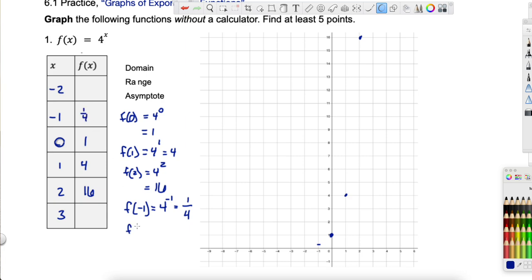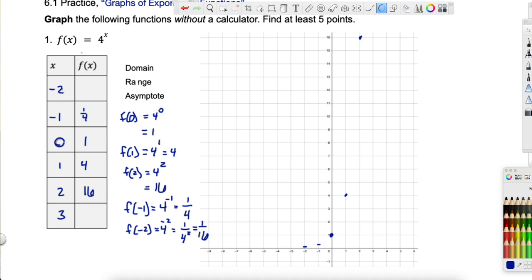And then f of -2 is 4 to the -2. If I write that as a positive exponent, it's 1 over 4 squared, which is 1/16. So at -2, I'm really close to the x-axis here.